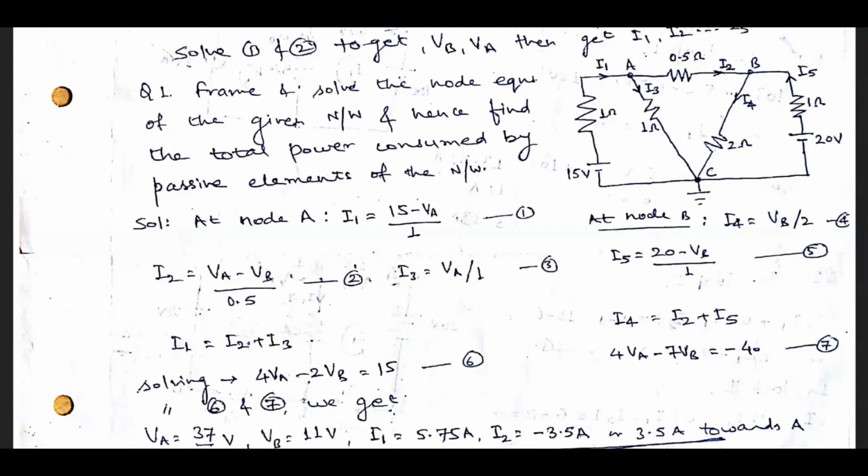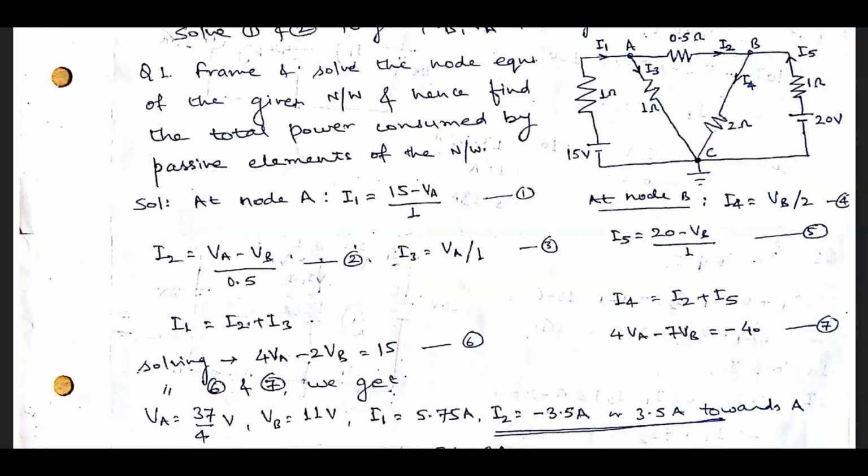I5 was calculated, which was 20 minus VB upon 1, and KCL was applied at node A and B, where the sum of the incoming currents and the outgoing currents were made equal.